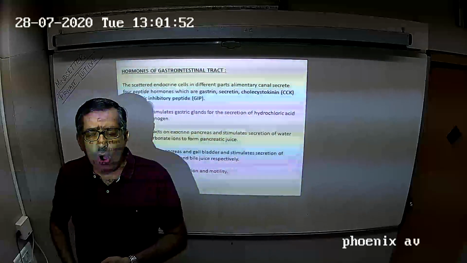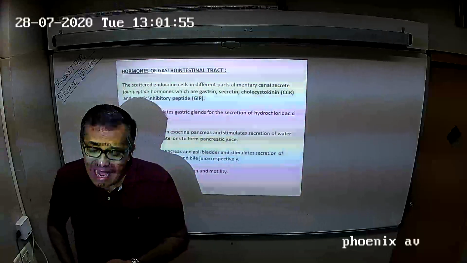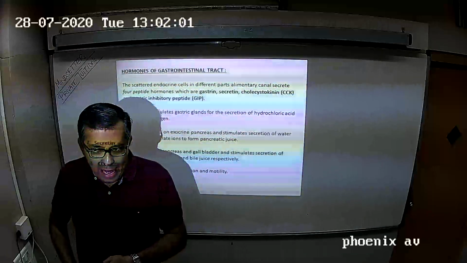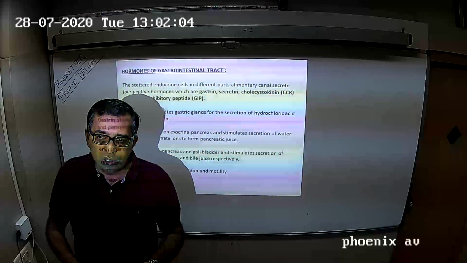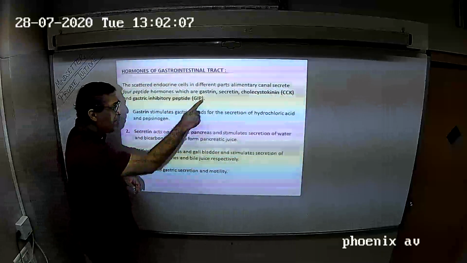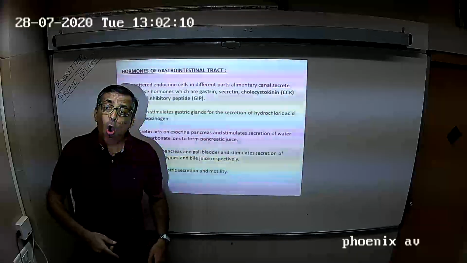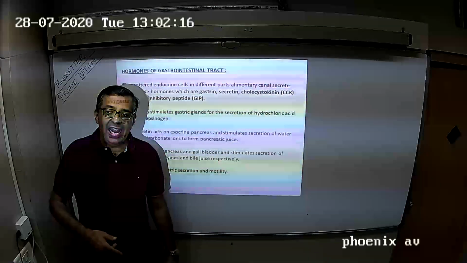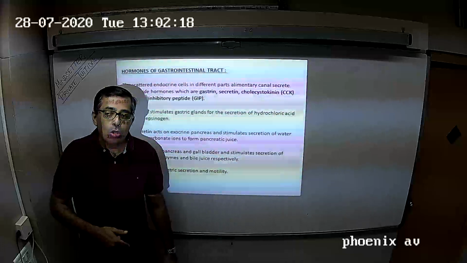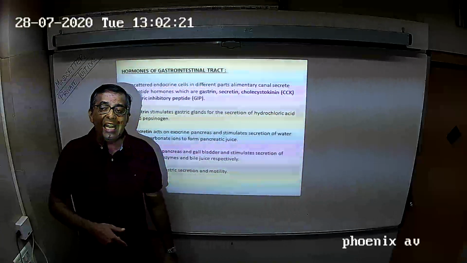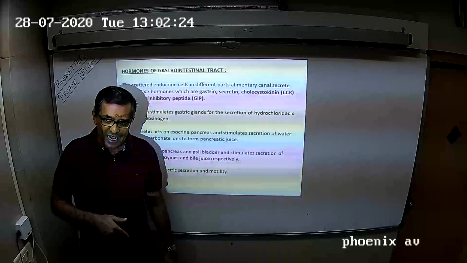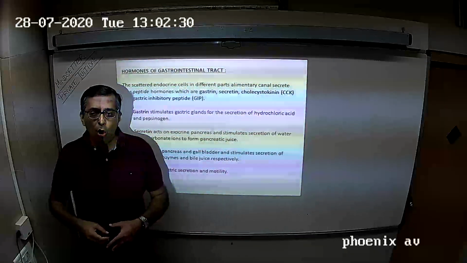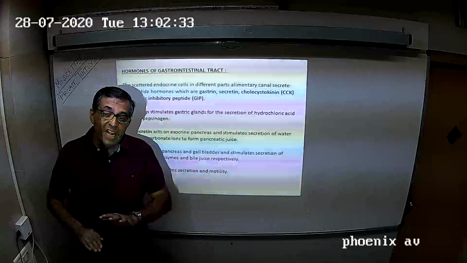So there can be too much acidity in the stomach, therefore when food enters the duodenum, gastric inhibitory peptide is secreted from the duodenum, which will oppose the gastrin hormone. Gastric inhibitory peptide opposes the gastrin hormone of the stomach, and it will not allow gastrin to be released. So secretion of gastric juice, that is hydrochloric acid and pepsinogen, will stop.